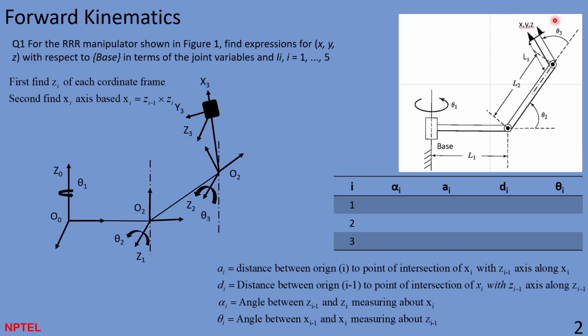For most grippers, the professor has told you that you need to take that axis always coming out of the upper axis. But here it's a different case. Here you see the link 3, and the gripper is also moving with it.